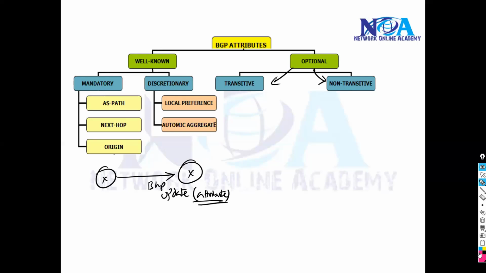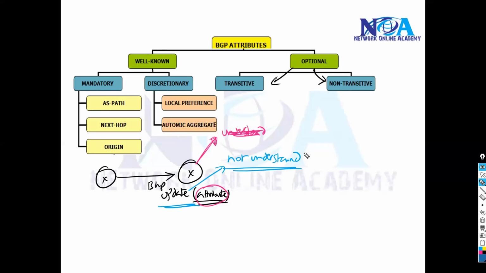Now, this router may not actually understand what exactly this attribute is, because there are some attribute configurations that some BGP routers may not understand. Let's say the router receives this update and does not understand what to do with that attribute.